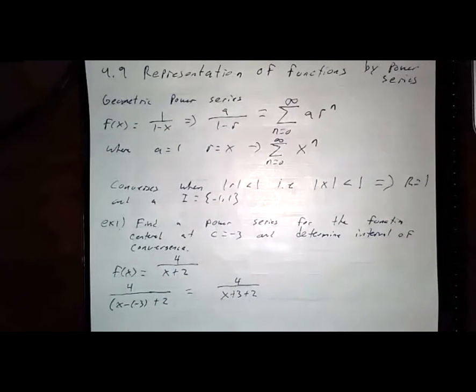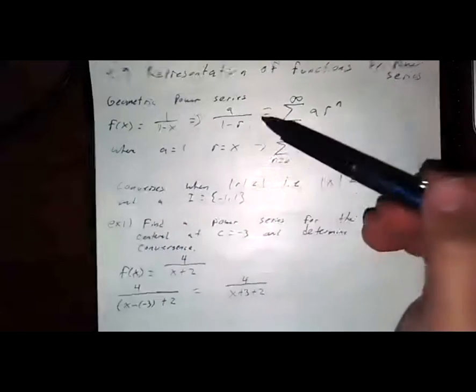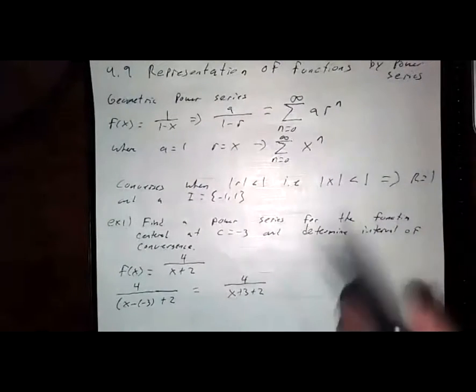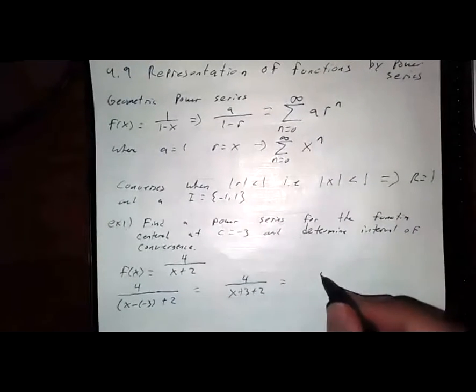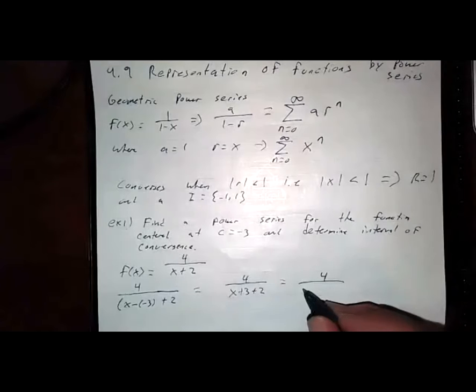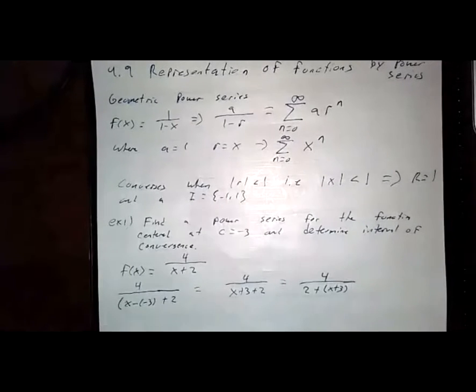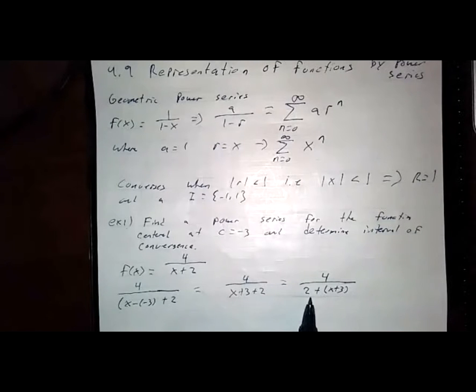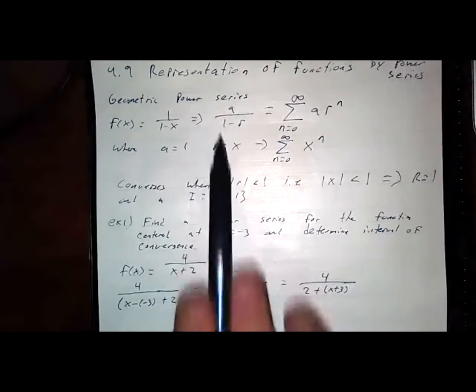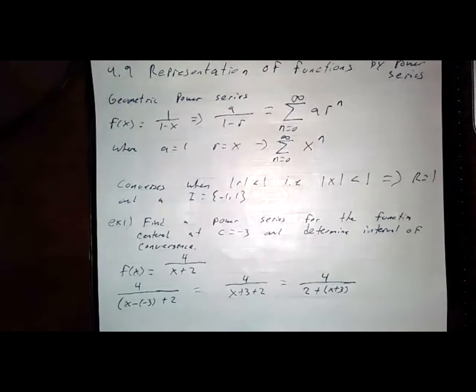Now, if I want to rewrite it to look like a geometric, I should probably rearrange it this way. 4 over 2 plus x plus 3. Okay. So what I want to do is make this a 1, right? Because it needs to be 1 there. And then apply my geometric.